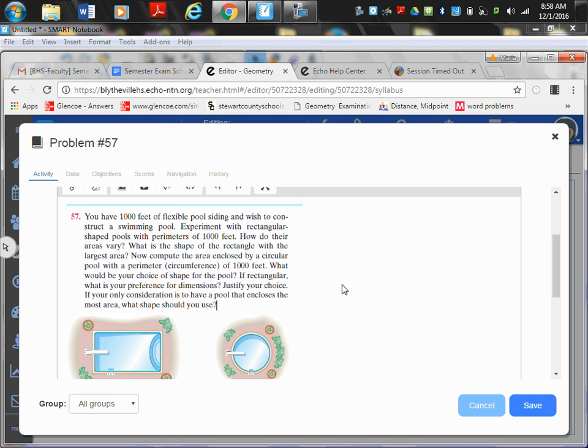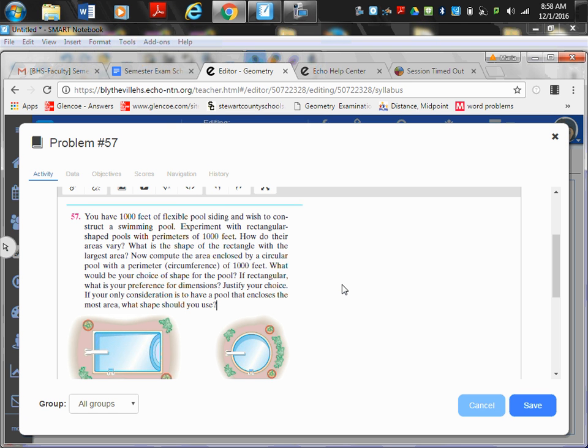Now, you must have a minimum of 10 experiment rectangles. All of your rectangles must have a perimeter of 1,000 feet.